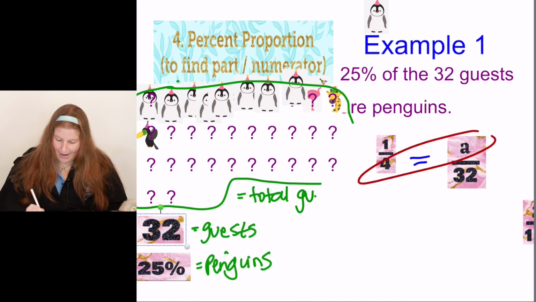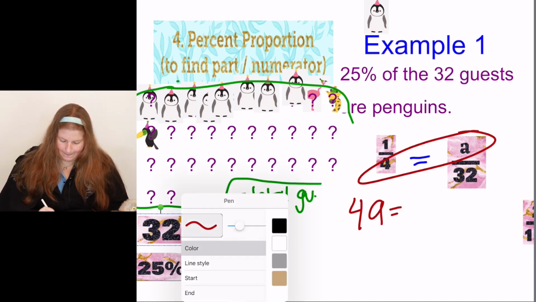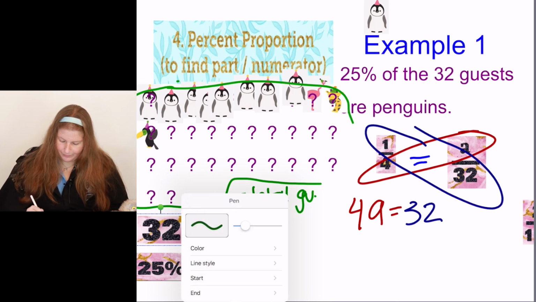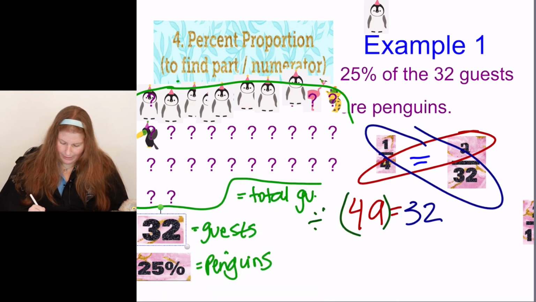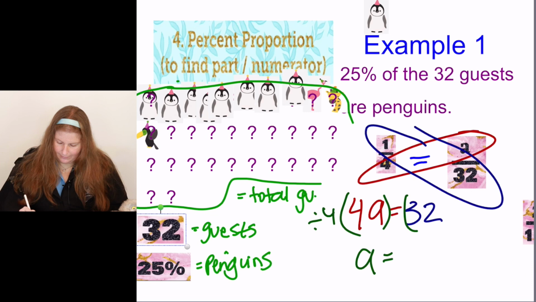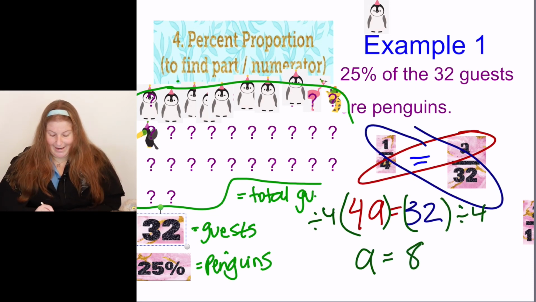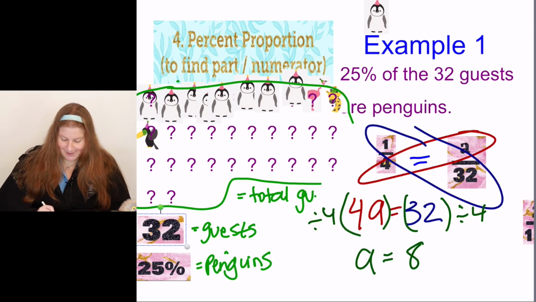Then cross multiply to get 4a is equal to 32. Then you could divide both sides by 4, and you would get a on this side, and 8 on this side. So again, 8 of the party guests are penguins.